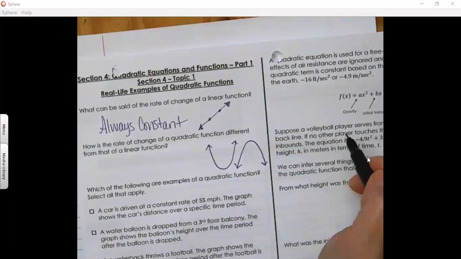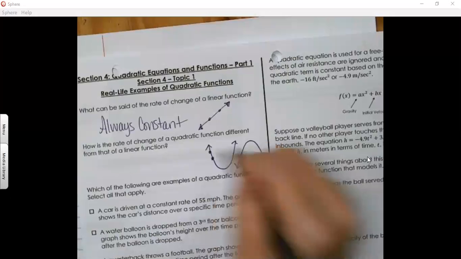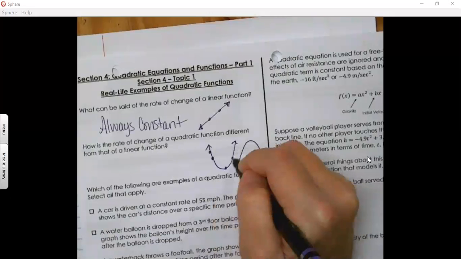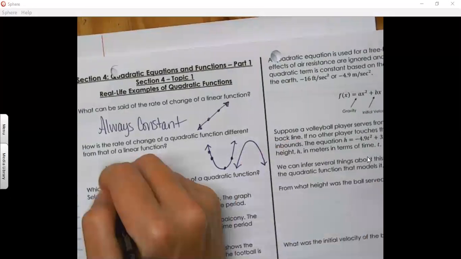If I pick 2 points on this parabola, is it going to have the same rate of change as if I pick 2 different points on the parabola? No, it's not. So we would say they're not constant.